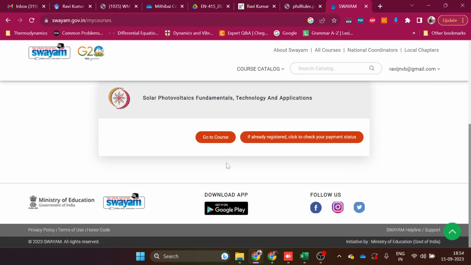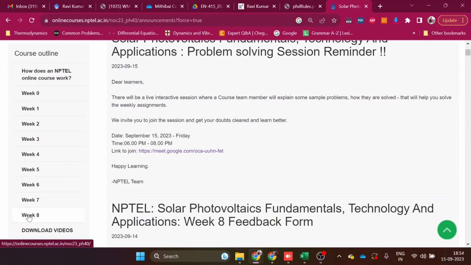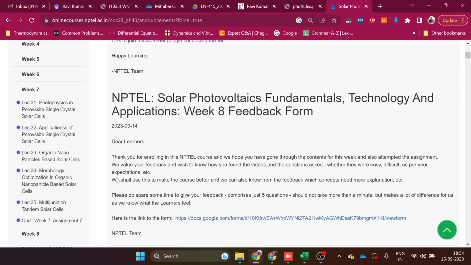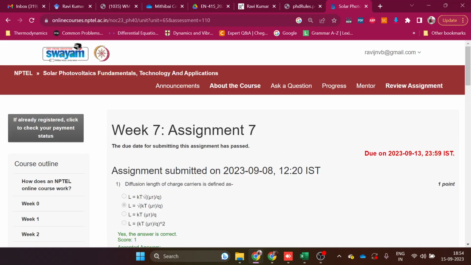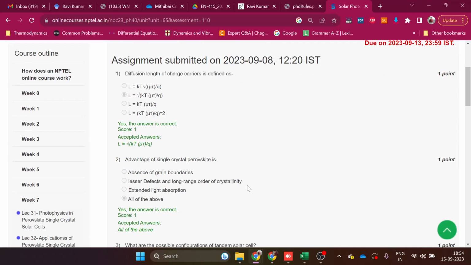It was a question in the same assignment, question number 7. Sorry, not band gap energy, it's binding energy. Binding energy and dielectric constant.